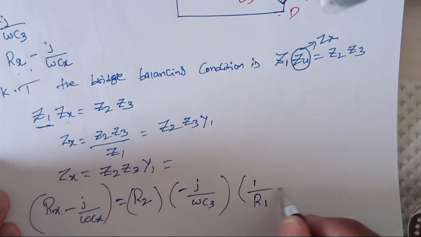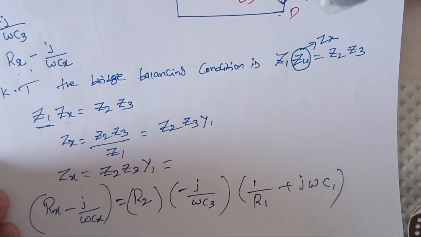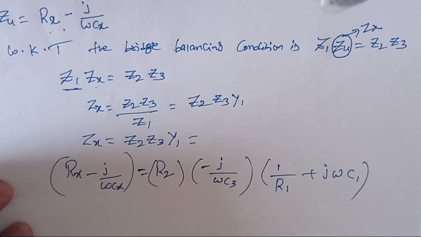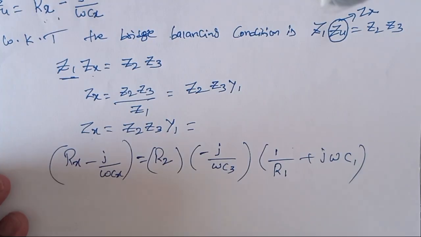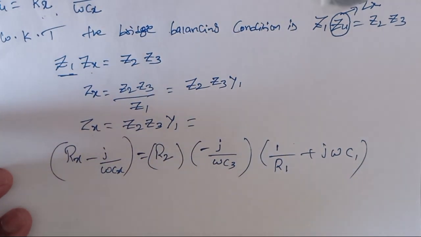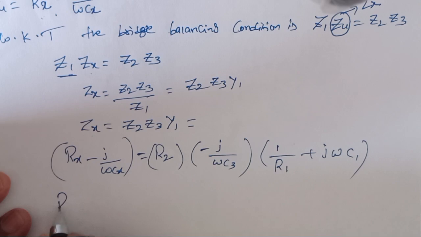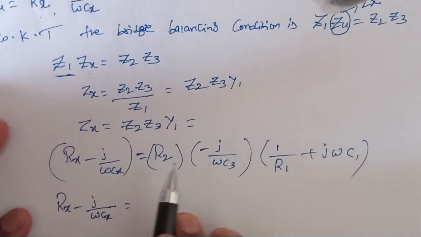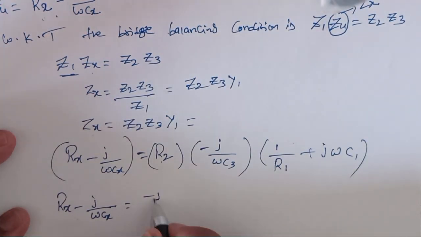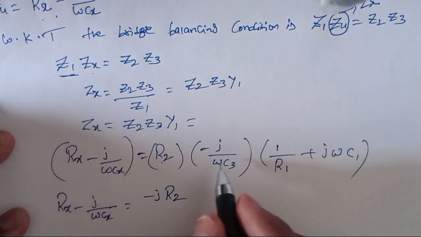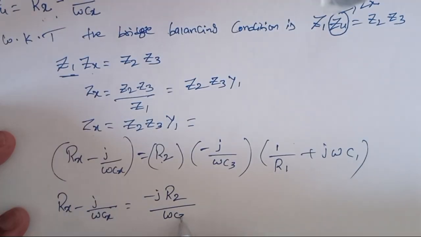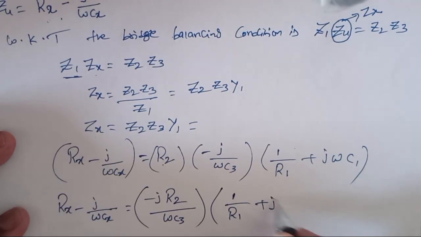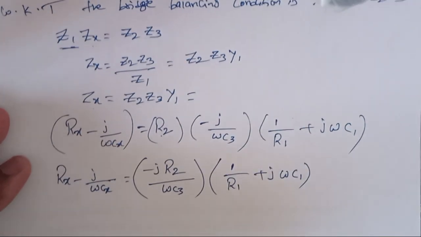These are the substitutions. Now we have to multiply, simplify and compare real and imaginary parts. LHS as usual, Rx minus j by omega Cx equal to minus j R2 by omega C3 into 1 by R1 plus j omega C1.